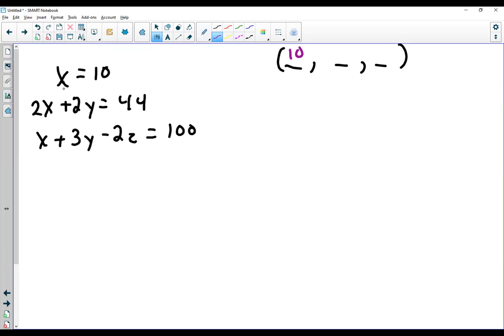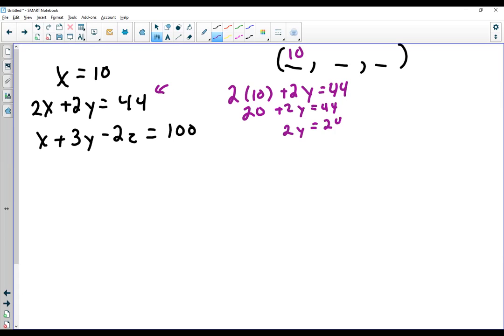Next, we're going to use this 10 to find the Y because this equation only has X and Y's. So 2 times 10 plus 2Y equals 44. So 20 plus 2Y equals 44. 2Y equals 24. Y equals 12. So this is going to be 12.